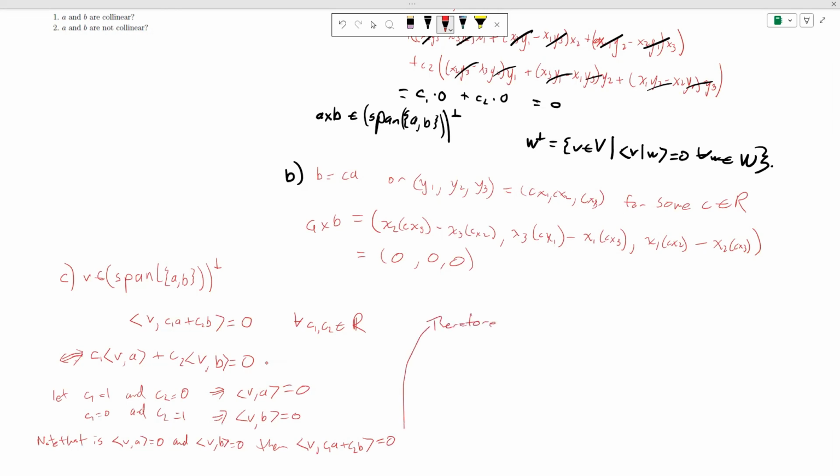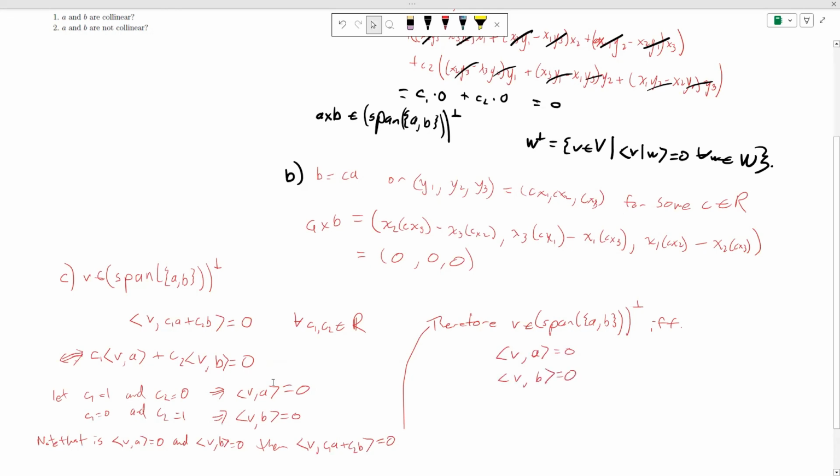Therefore, V is perpendicular to the span of vectors A and B if and only if V inner product with A equals 0 and V inner product with B equals 0.